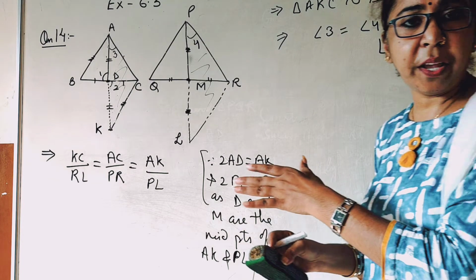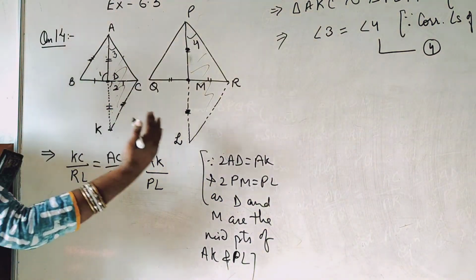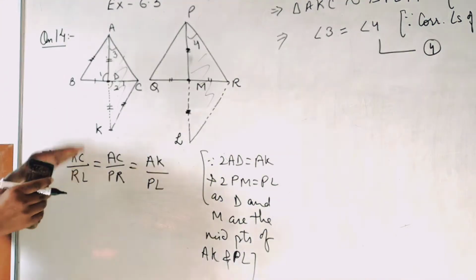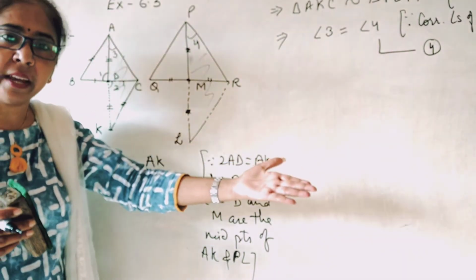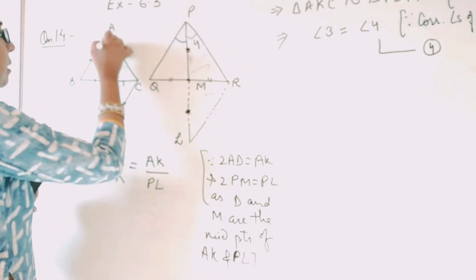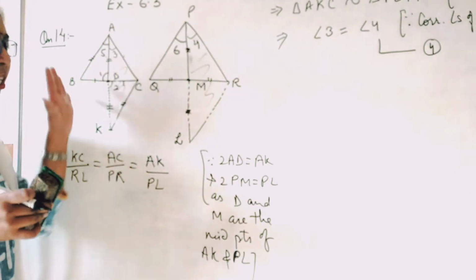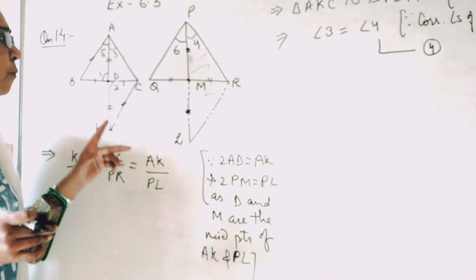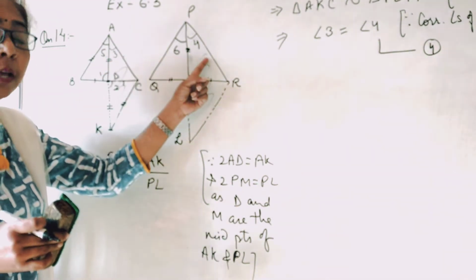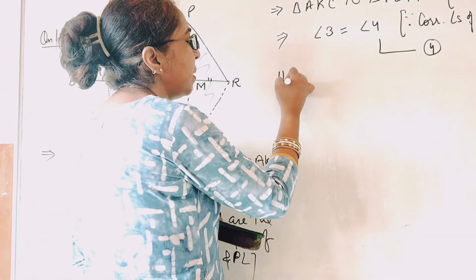In the same way, if I do the construction here, if I join BK and QL and repeat each and everything, I will definitely get the result that angle 5 is equal to angle 6, just in the same way as we have proved for 3 and 4. Because if the things are same, we can write the word similarly.